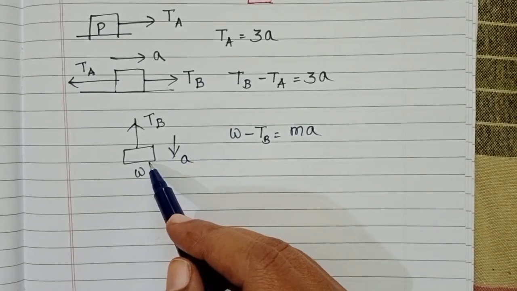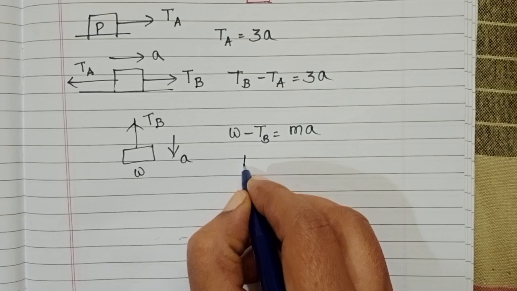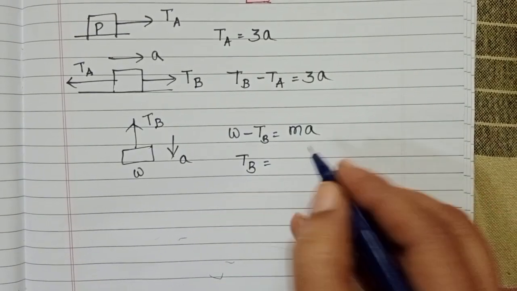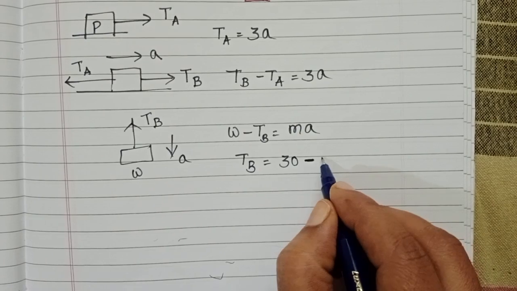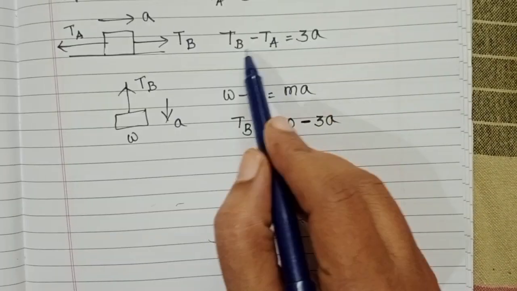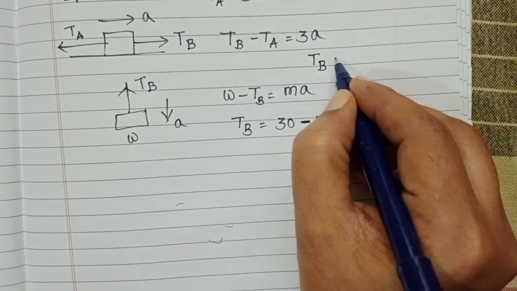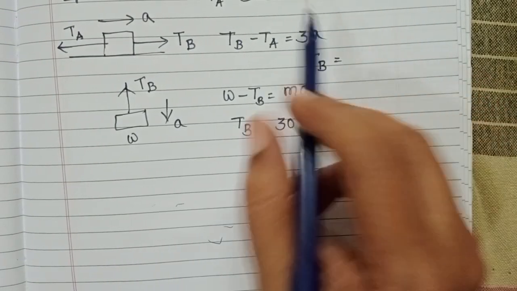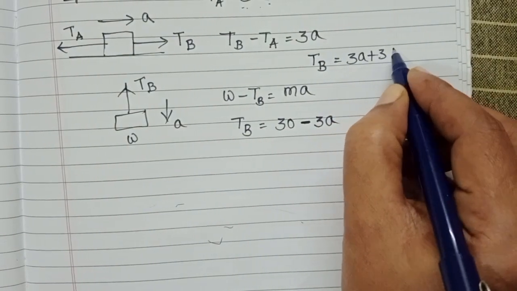Mass of the block 3 kg and given g value 10. 3 into 10, 30. 30 minus T, mass is 3 kg, acceleration is A. Now from this equation, tensional force TB is equal to TA plus 3A. TA equals 3A. 3A plus 3A, 6A.